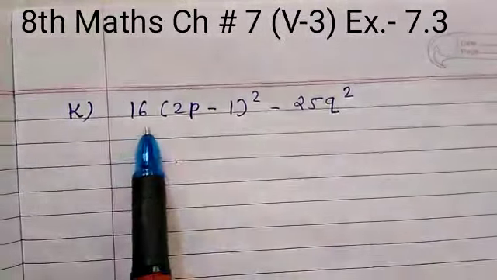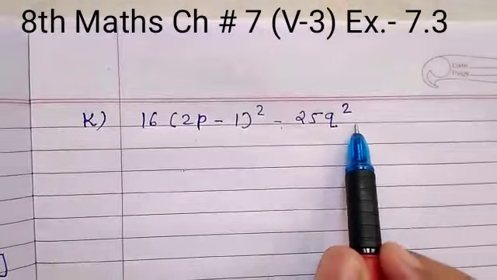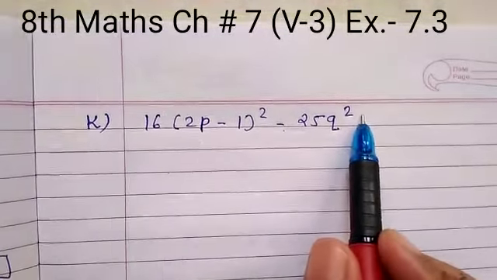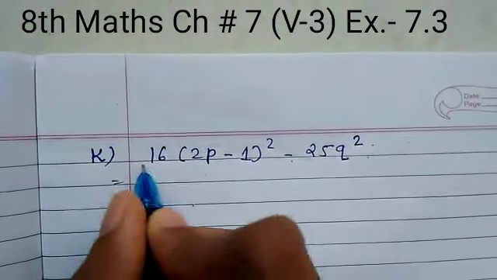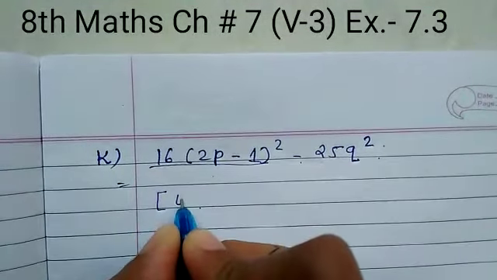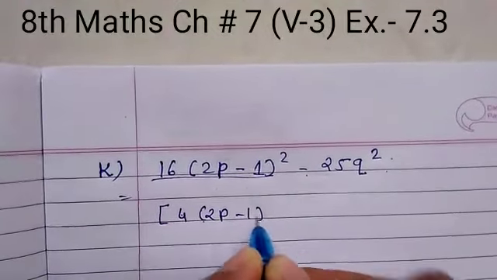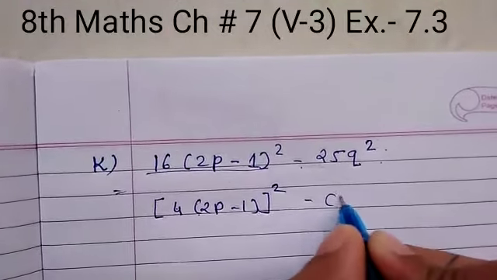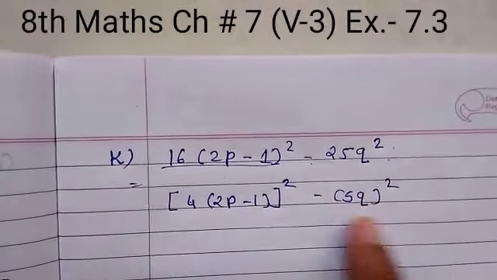So k number 16(2p − l)² − 25q² is there, right? Here 1 is there. So what will become? We can take out as a whole term, that is a. So 16 means 4², become (4(2p − 1))² minus (5q)², right? So now here this whole is a and this whole is b.